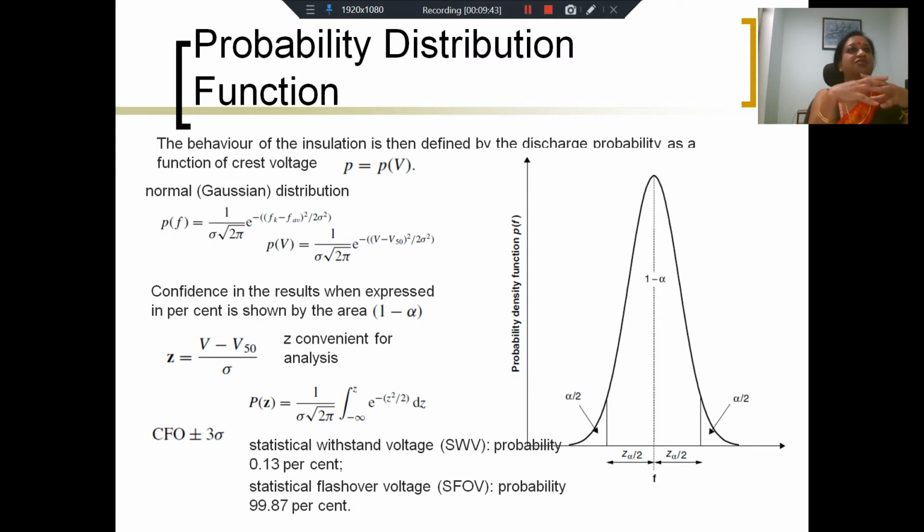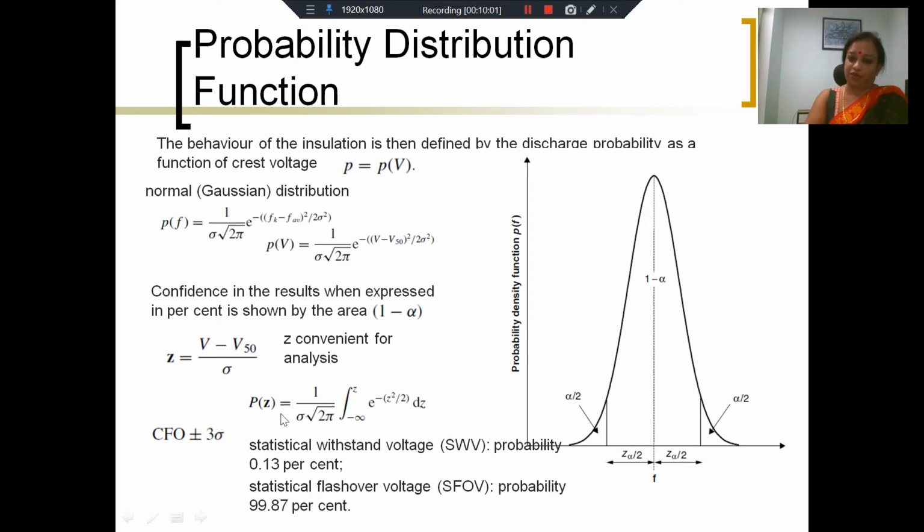You can imagine that it is a statistical voltage because it's a random process, and it is a withstand voltage because at that voltage, the breakdown probability is so low as to be negligible. How low is negligible? That we have specified.